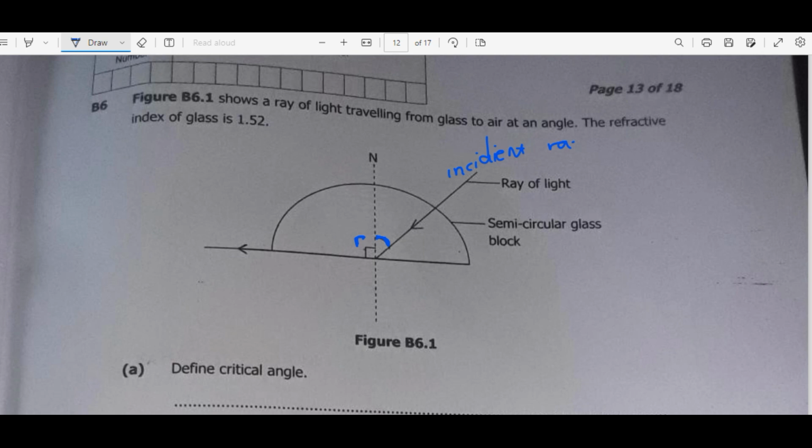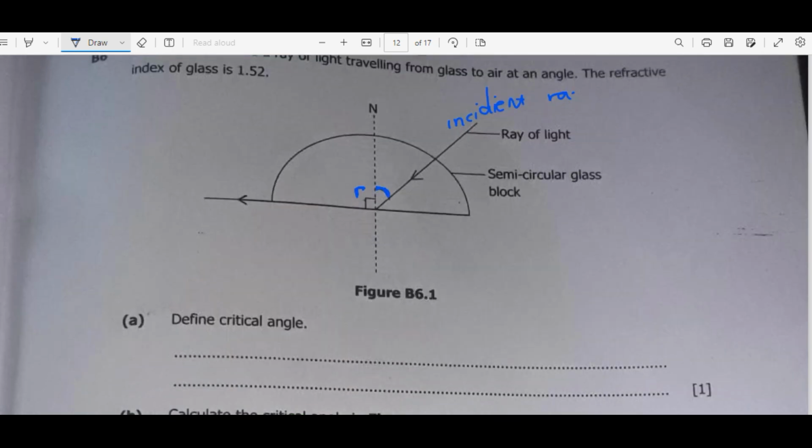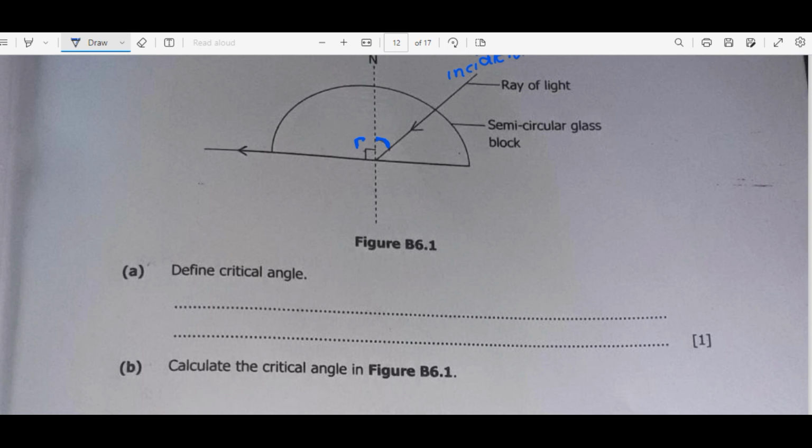Now let's look at the first question. The first question is just define critical angle. So what is critical angle? Critical angle is just the angle of incidence when the angle of refraction is equal to 90 degrees.